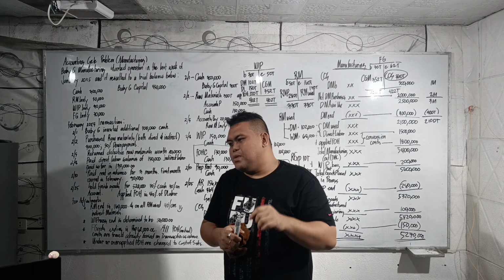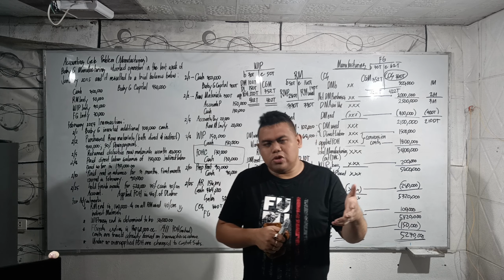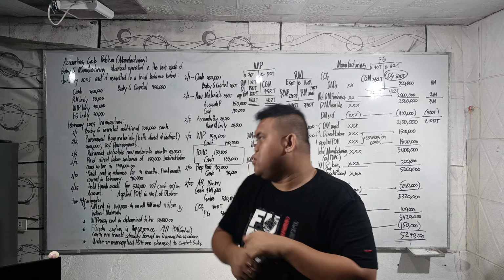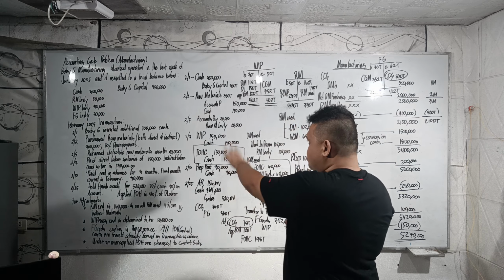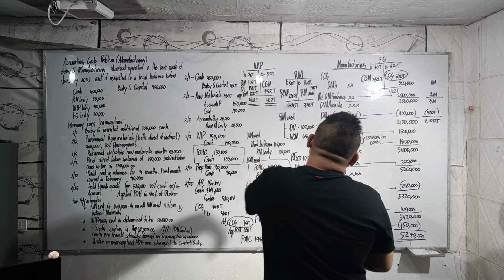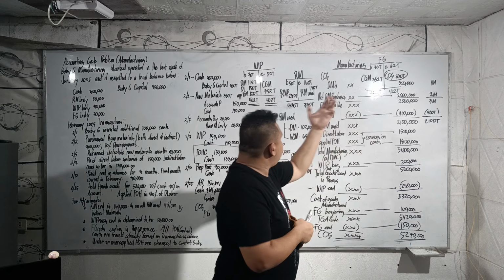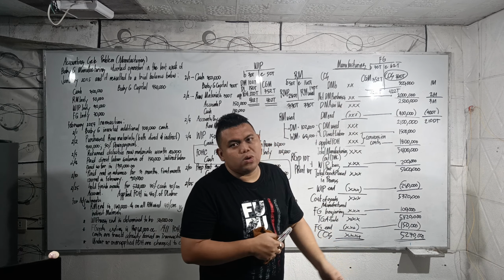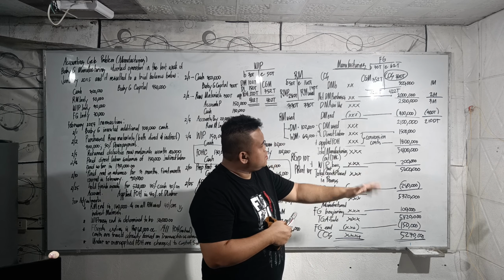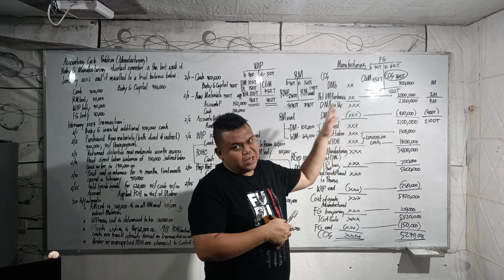Now, after talking about those journal entries, we have used that already here. But before we did this, we talked about the difference between the computation of the cost of sales of the merchandising entities versus the manufacturing.